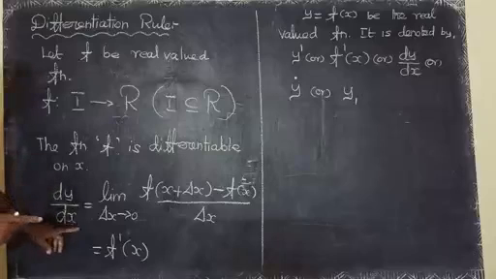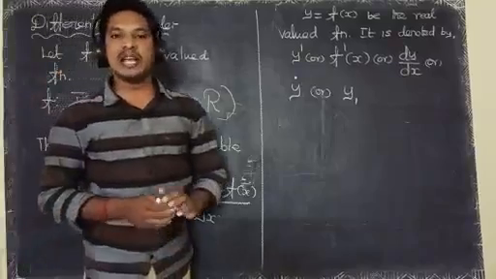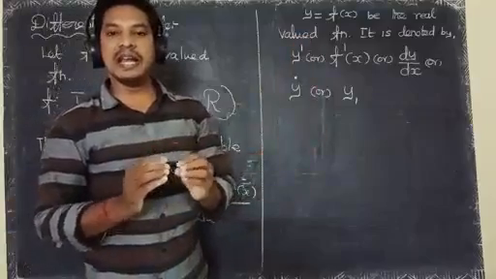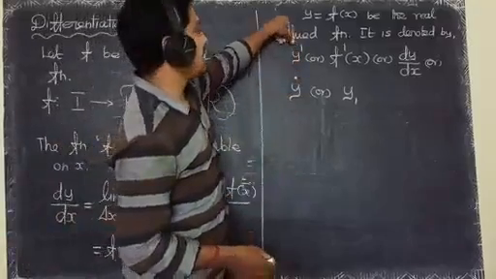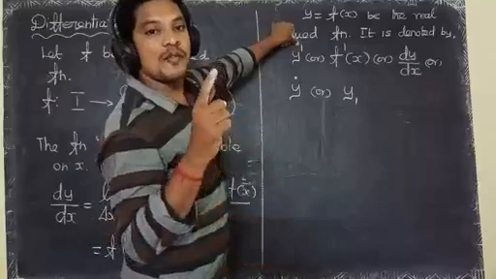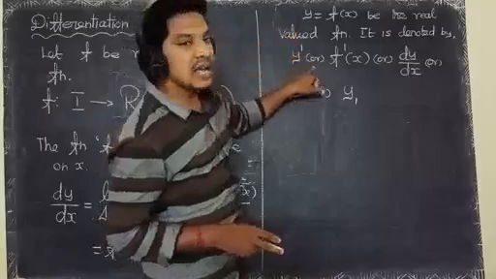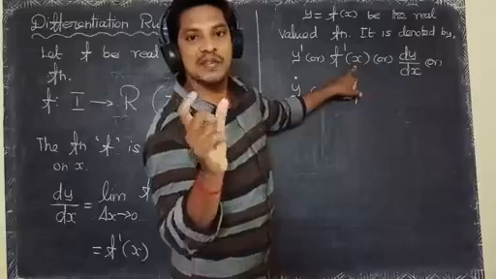It is denoted by f dash of x. Here y equal to f of x is a real valued function. It is denoted in various ways, that is y dash, meaning first time differentiation with respect to x, or f dash of x. What is meant by f of x?